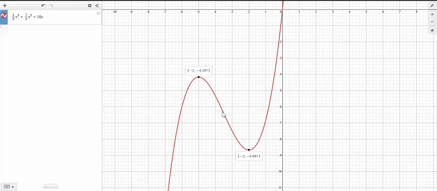So somewhere along here, it looks like there is an inflection point. The inflection point is that point where you go from concave up to down or concave down to up. That's the inflection point.